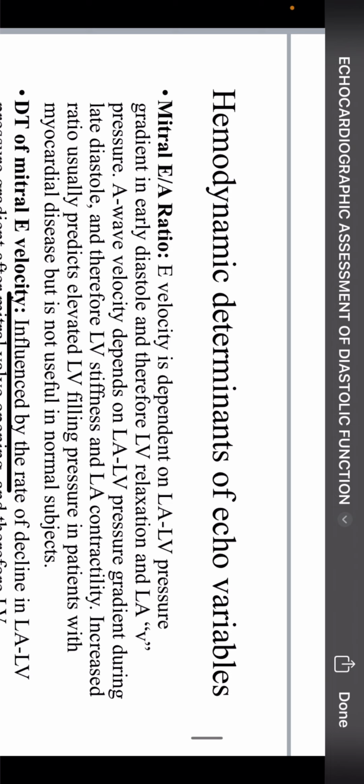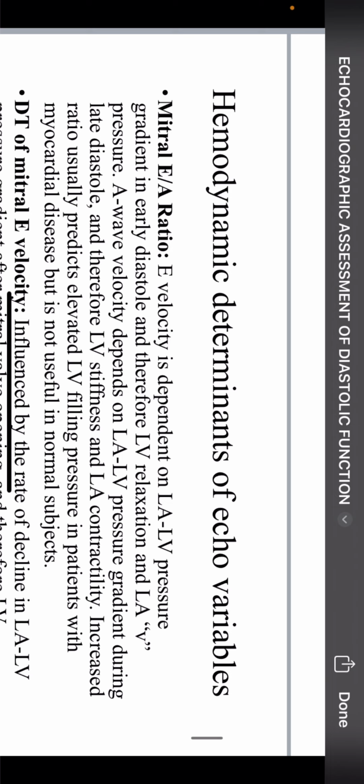Deceleration time, I've already said this one. E-wave deceleration time is influenced by the rate of decline in LA-LV pressure gradient after mitral valve opening, and therefore LV stiffness. It shouldn't be too stiff. It should be stiff, but it should expand. That's why I said there should be some stiff tightening and some compliant tightening.